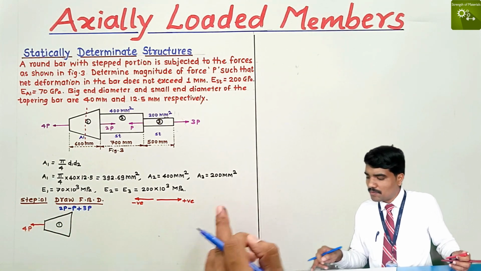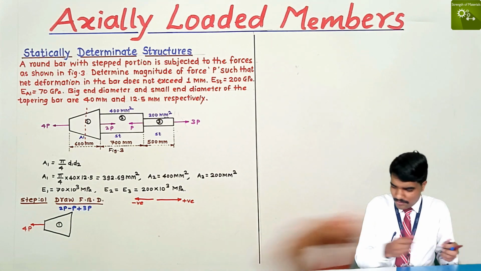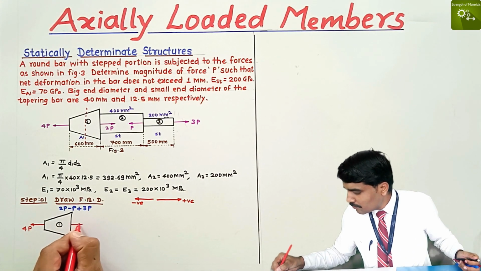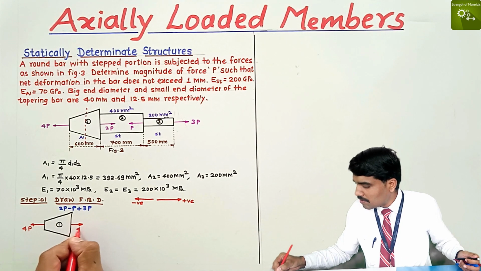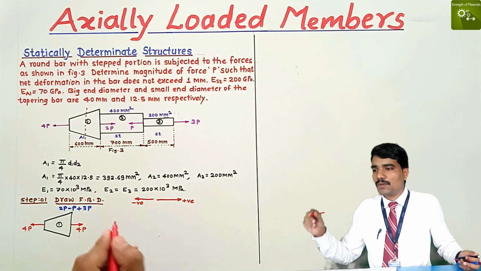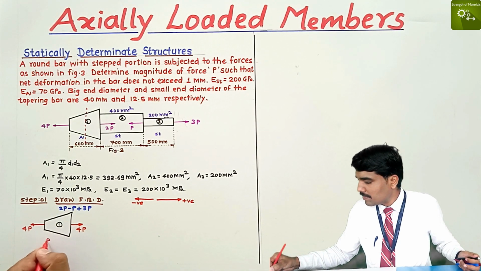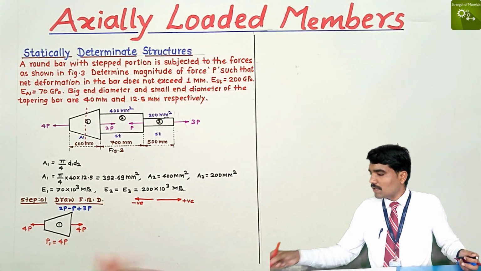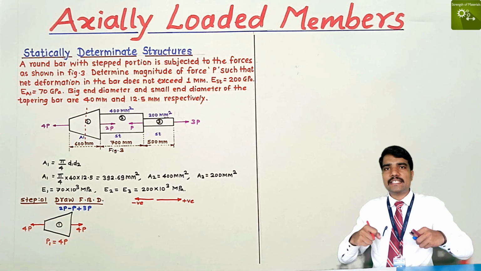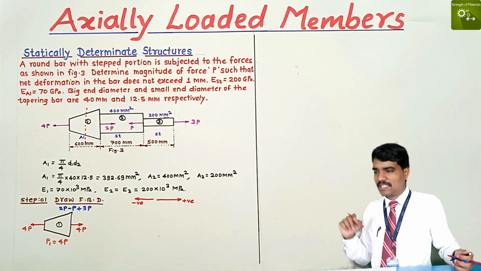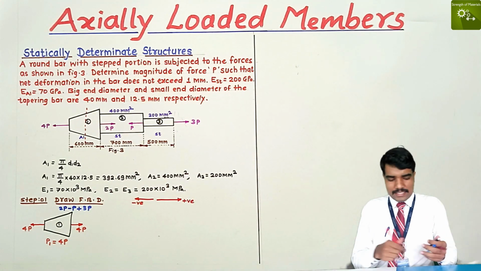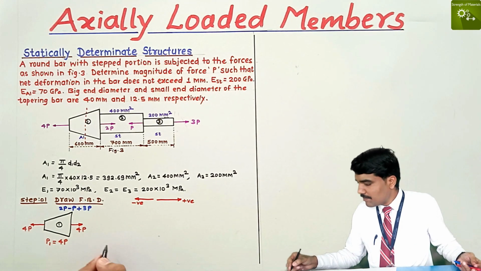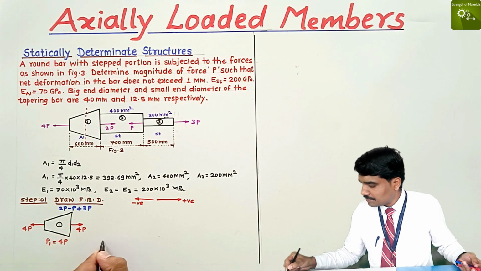Positive 4P goes towards right side, we take it positive, and here we got equal and opposite force, means our calculation is true, and we got force in first member, that is P1 is equal to 4P. This force is pull type, tensile, that's why we take positive. Simple. Okay, let's consider the FBD of second member.